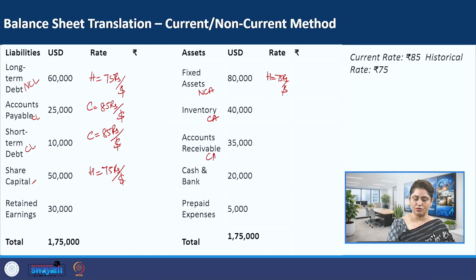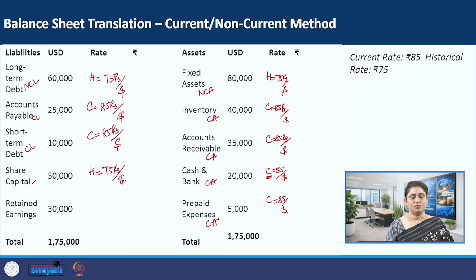Accounts receivable is also a current asset, cash and bank also current assets, and prepaid expenses also current assets. All these current assets will be converted into the current rate, right. So, the cash will also be converted into the current rate. This is the current rate.